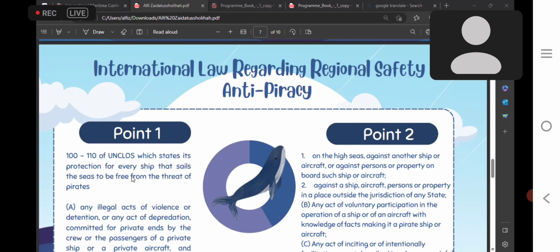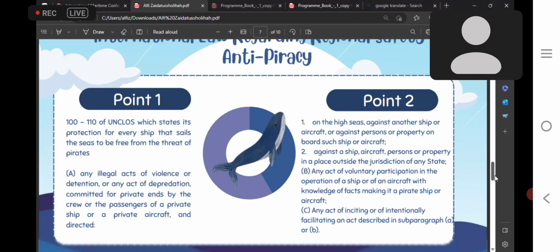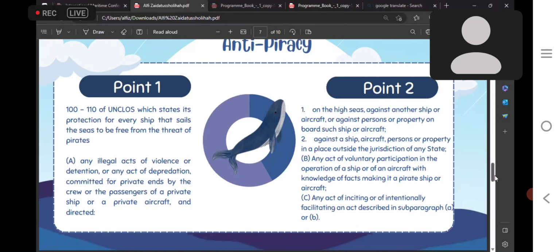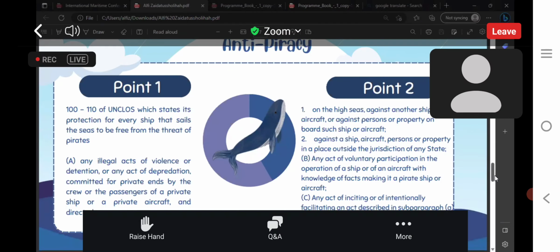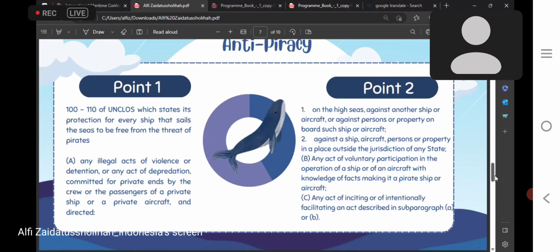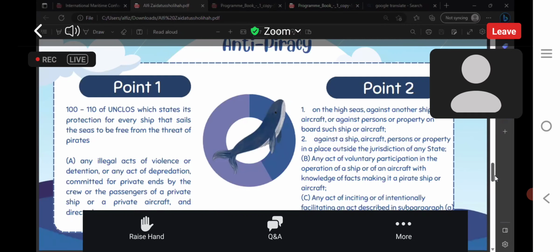A. Any illegal act of violence or detention, or any act of depredation committed for private ends by the crew or the passengers of a private ship or a private aircraft, and directed first, on the high seas, against another ship or aircraft or against persons or property on board such ship or aircraft.